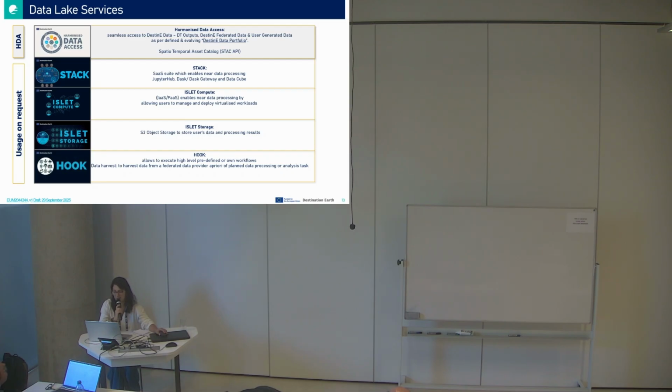Then we have the STAC services, that is basically a software as a service suite, which enables near data processing. So JupyterHub is part of the ecosystem, Dask Gateway, data cubes.